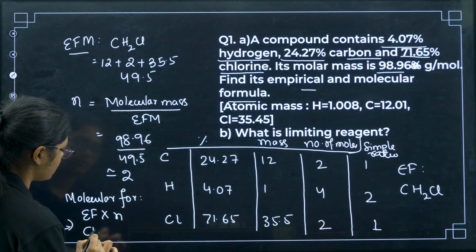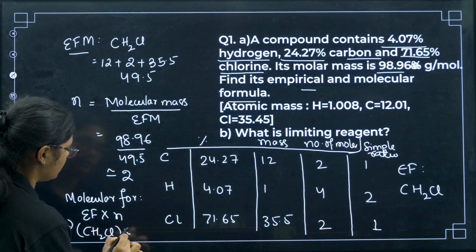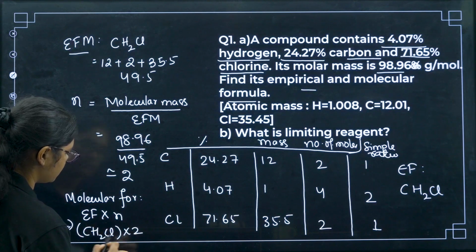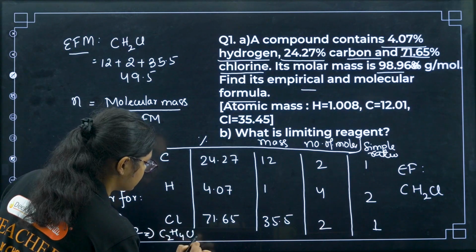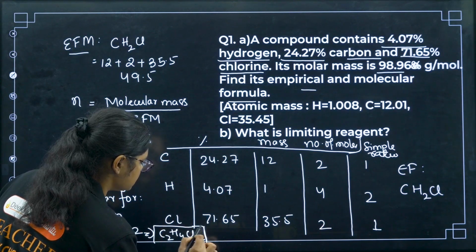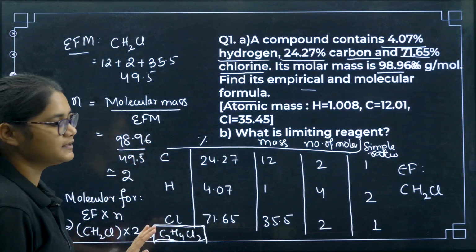My empirical formula is CH2Cl into 2. So I can write it as C2H4Cl2. My answer is C2H4Cl2.